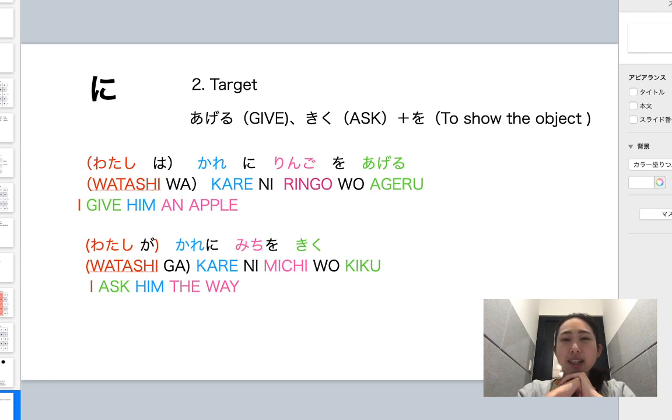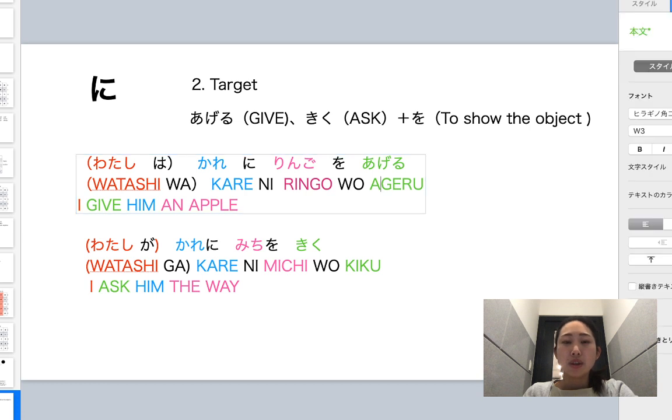Great. And then maybe you would wonder why it's 私が, not 私は. There are many ways to explain this, but I think it's good to remember like this: when there is an object which the verb helps, like this time, リンゴをあげる.